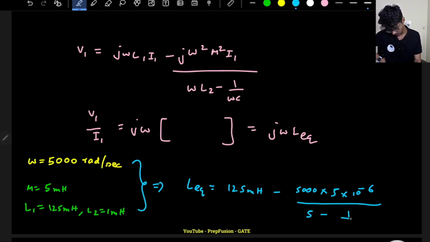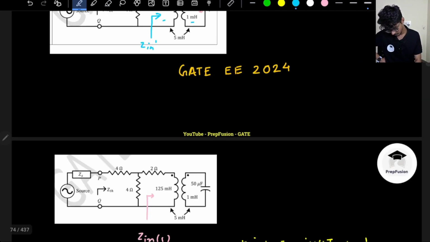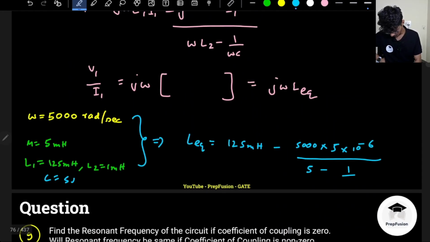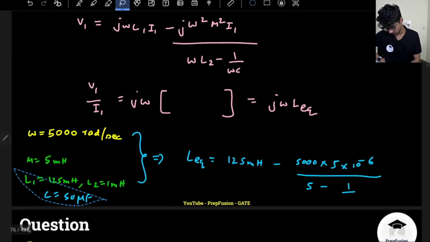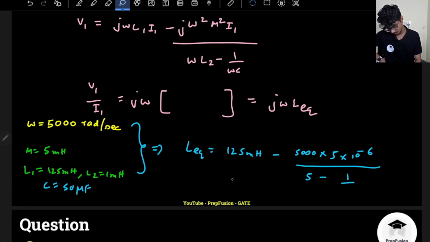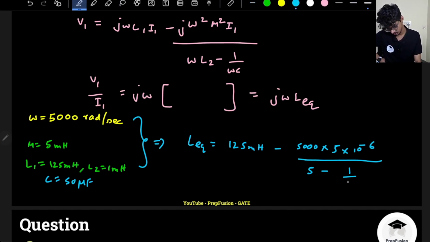1 by omega C. I forgot to write down the value of C as well. My C will be equal to 50 microfarad. So this will be 50 micro into radian, so 50 into 5,000.